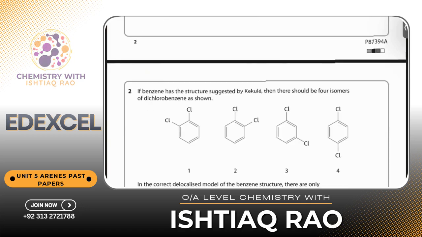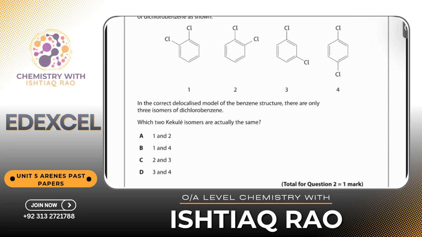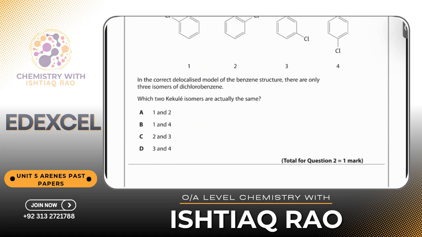Question number 2. If benzene has the structure suggested by Kekule, then there should be 4 isomers. I told you this one when I was telling you the theory of benzene, if you remember. So there should be 4 isomers of dichlorobenzene as shown. Now in the correct delocalized model of the benzene structure, there are only 3 isomers.